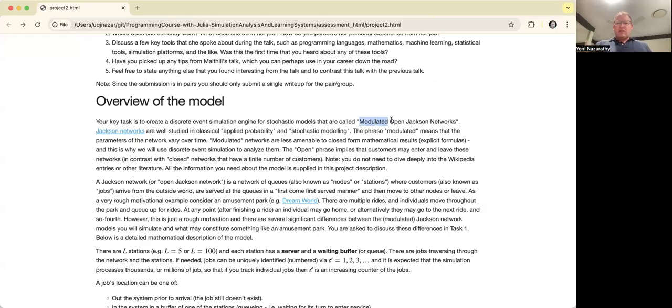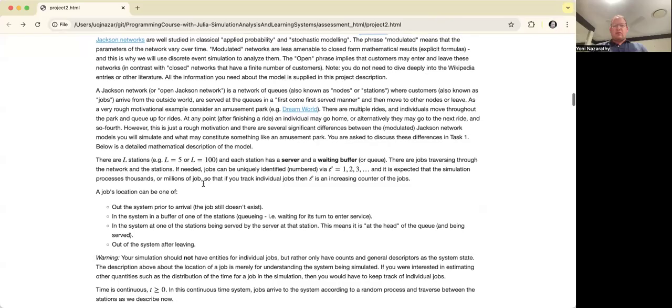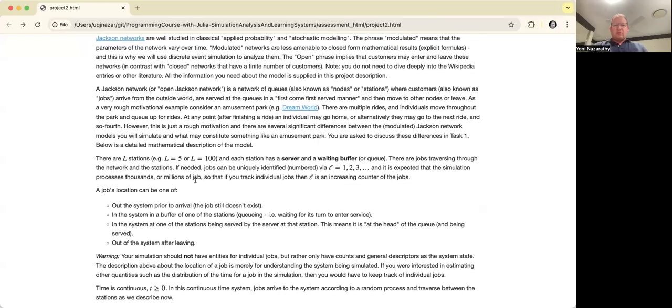Open Jackson networks are well known. Modulated ones, not really. That's what the project is about. What we have here is an overview and a description of this model. Basically, you have stations. A station has a server and a waiting buffer. As a very rough application of this project, think of an amusement park, such as Dreamworld, between Brisbane and the Gold Coast.